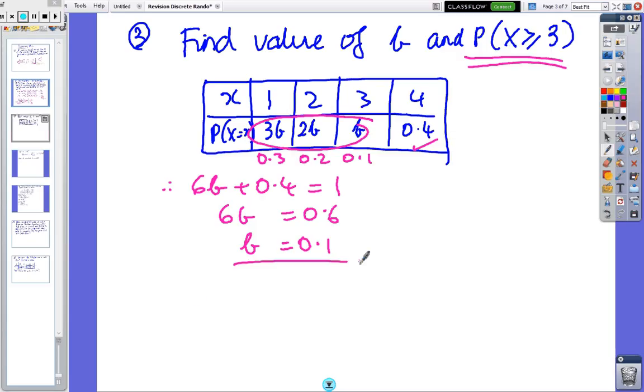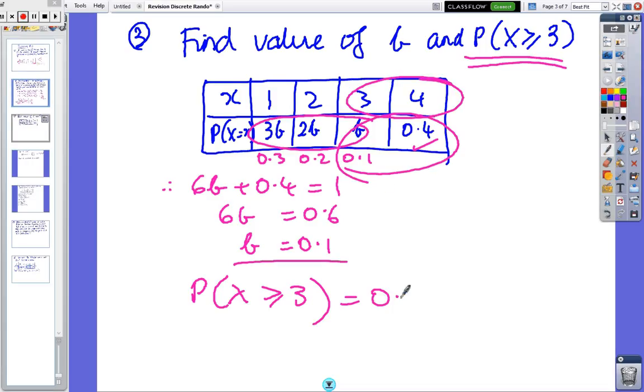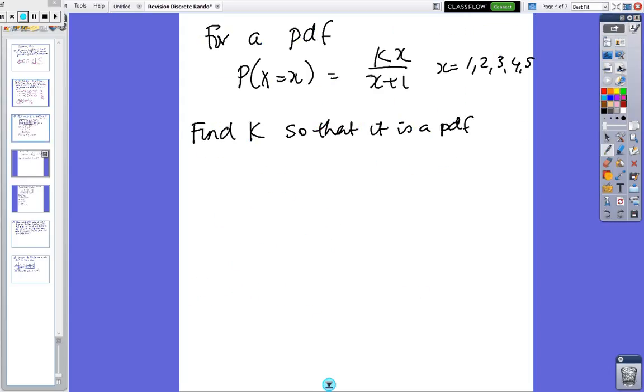So b is 0.1, and the probability that x is greater than or equal to 3 is those 2 numbers, so the answer is just 0.5. So be ready for one where you might have to solve an equation that's a bit harder than that, like a quadratic, but basically you have to know that these numbers have to add to 1. Okay, copy, and when you're ready, come across.